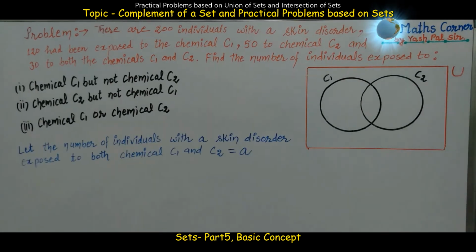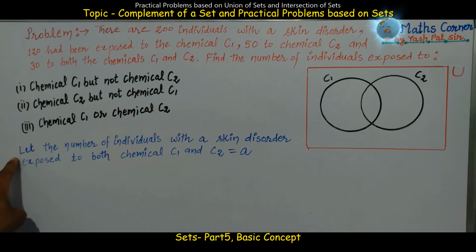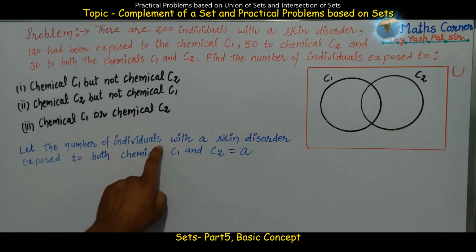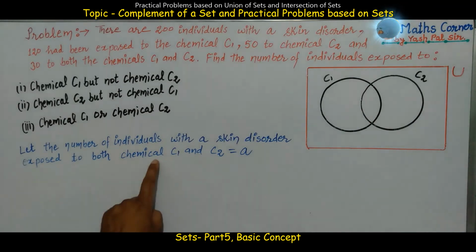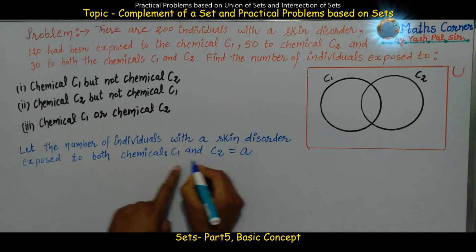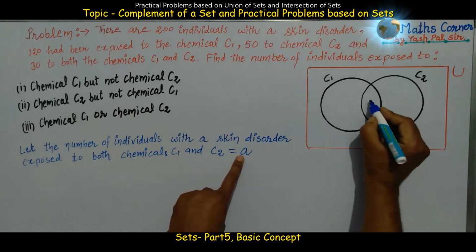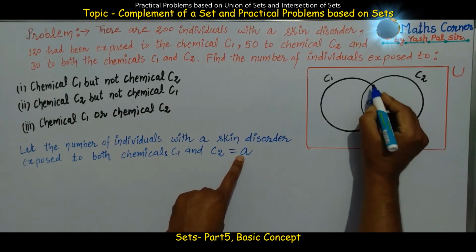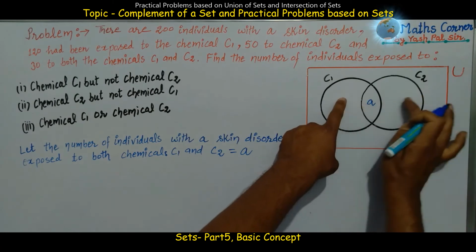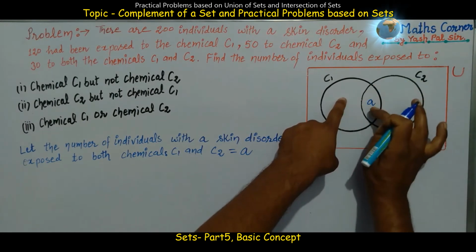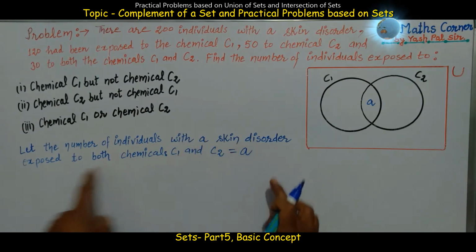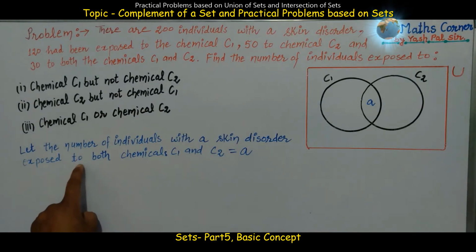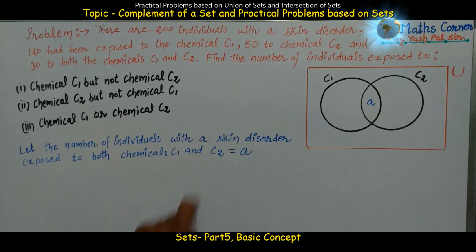Let the number of individuals with a skin disorder exposed to both chemicals C1 and C2 be A, that is this portion which is common to chemical C1 and C2.